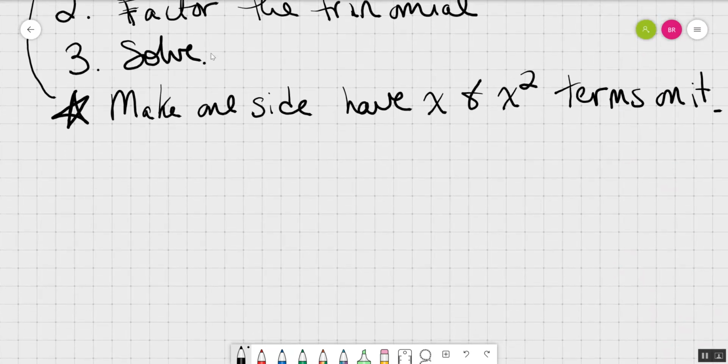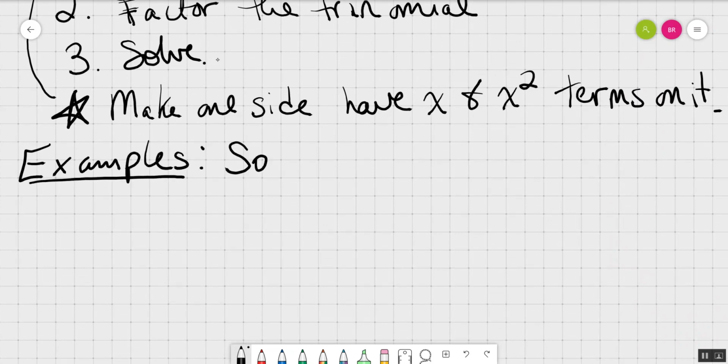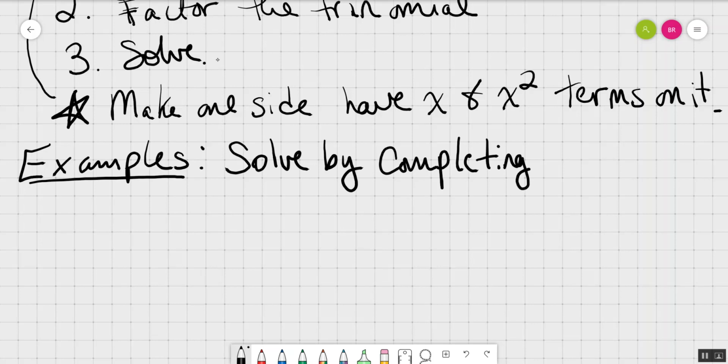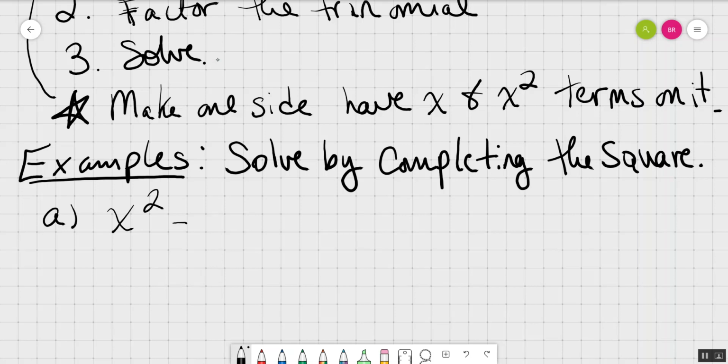Let's go through these steps, because sometimes they make more sense once I start doing them. So we're going to solve by completing the square. Are you ready? Let's do this. So I'm going to be looking at x squared minus 10x minus 12 equals 0.